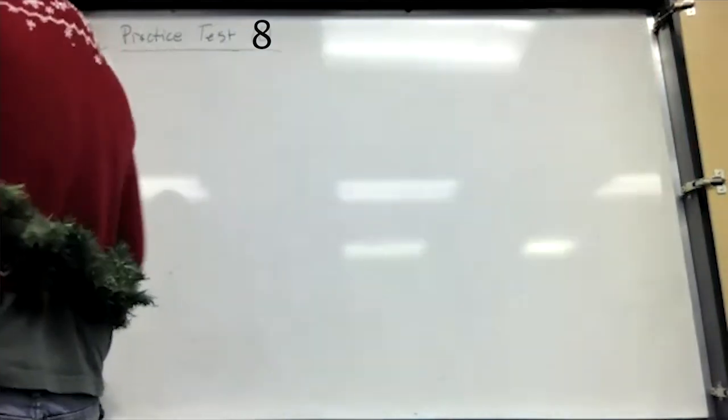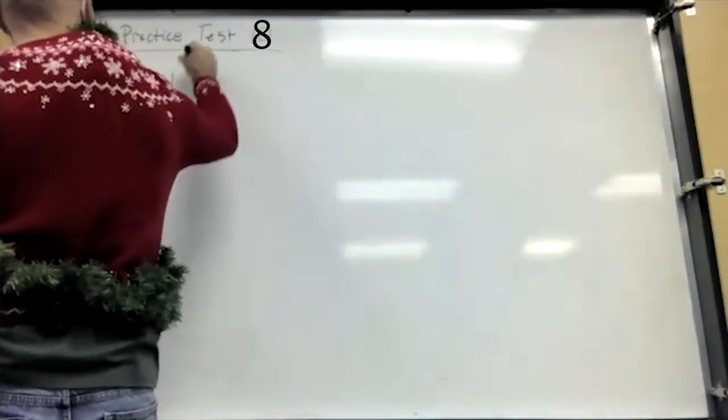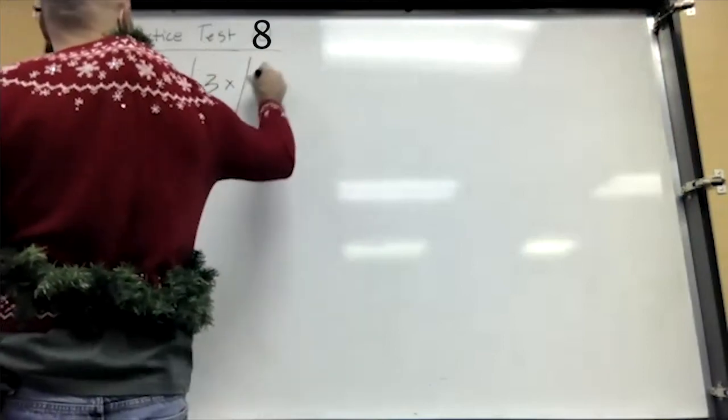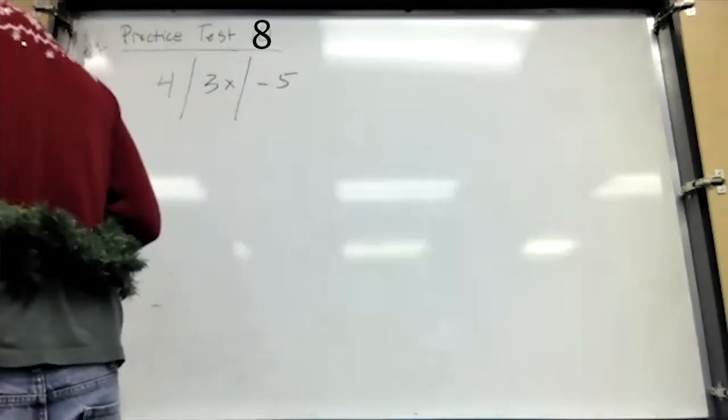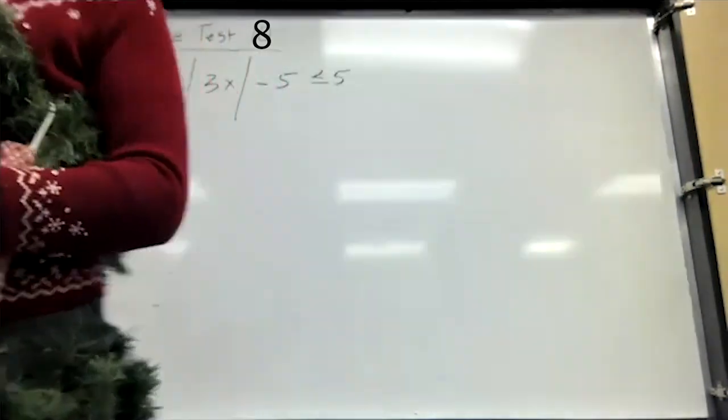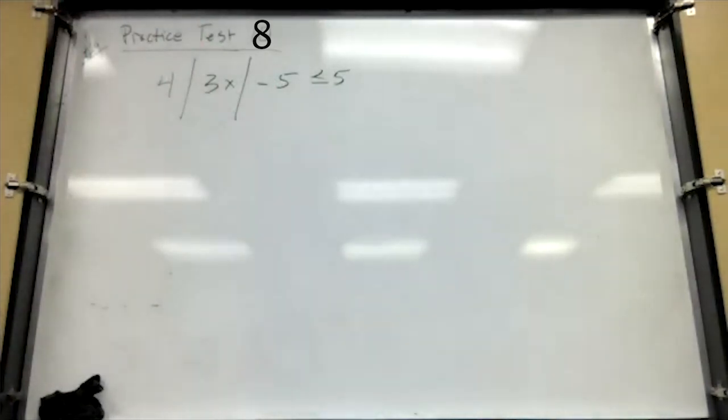All right, number 4, solve this equation. 4 times the absolute value of 3x minus 5 is less than or equal to 5. So our goal is still the same.